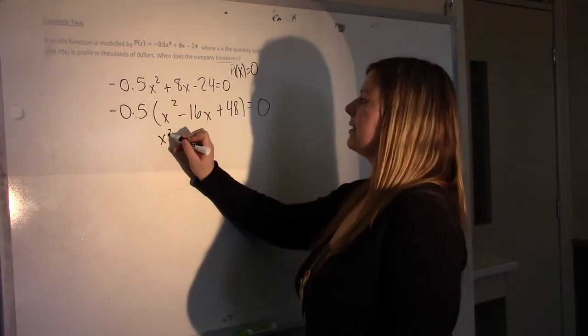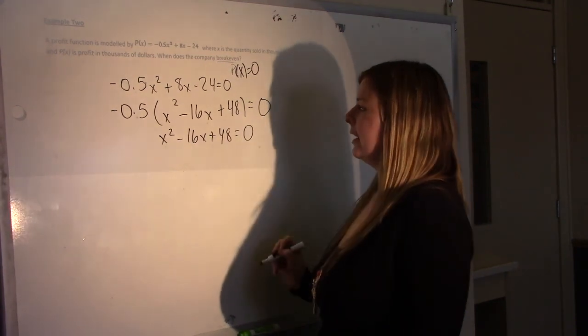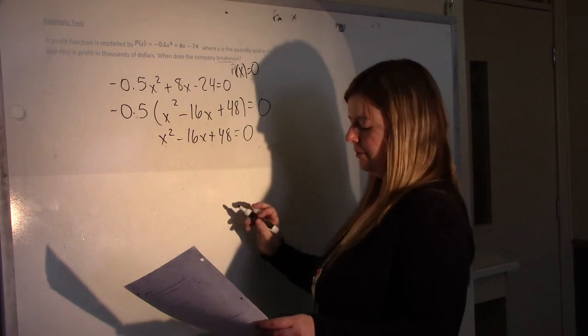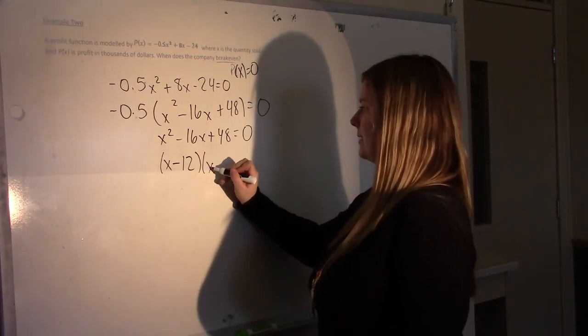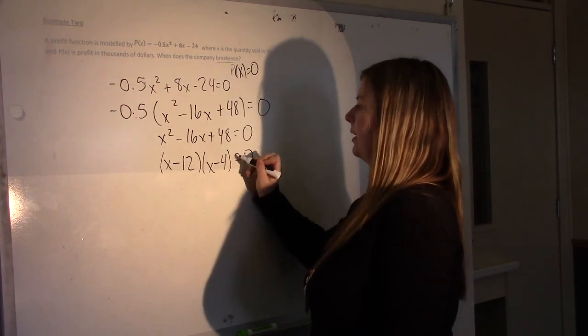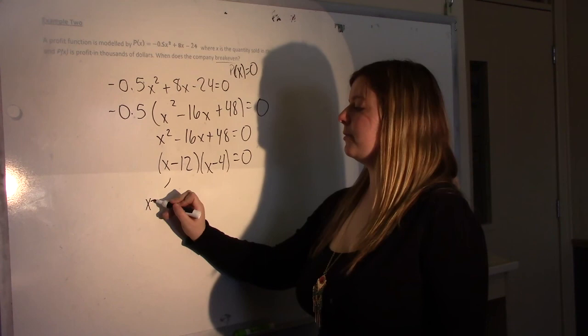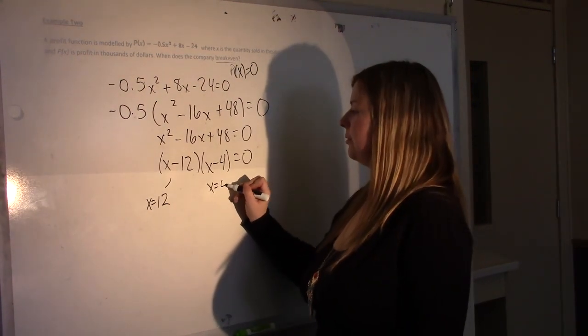So you're just left with x squared minus 16x plus 48 equals 0. And you can think about what multiplies to 48 and adds to negative 16: x minus 12, x minus 4. Okay, so that means either x minus 12 equals 0, so x equals 12, or x minus 4 equals 0, so x equals 4.